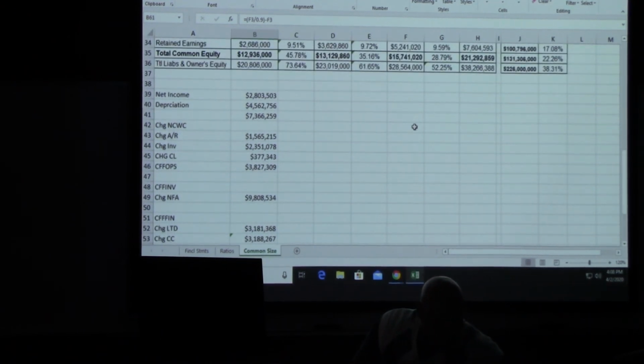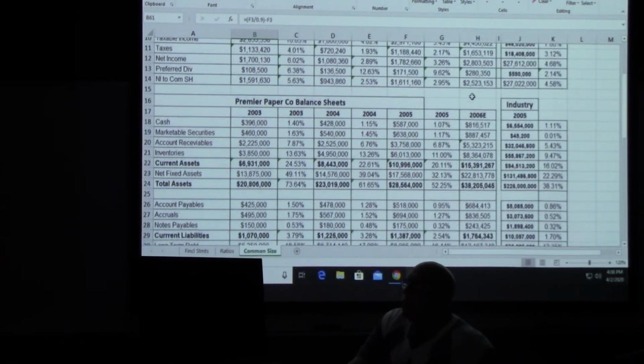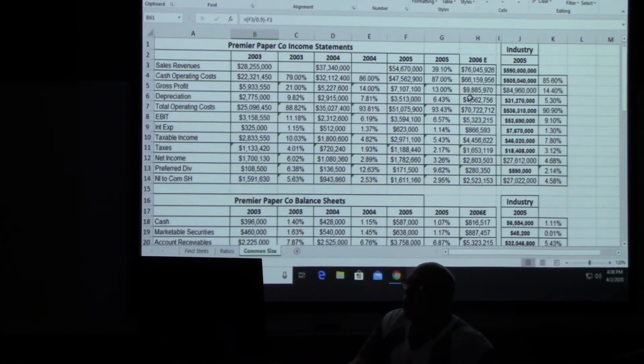So I want to make this point, and we'll stop. The point is that the amount of capital that this company will need, or any company, is a function of the growth of the company, the growth rate.